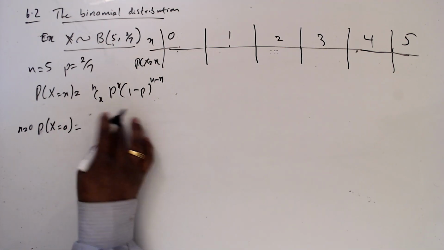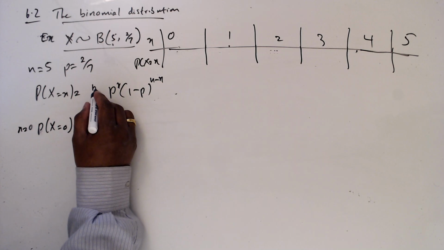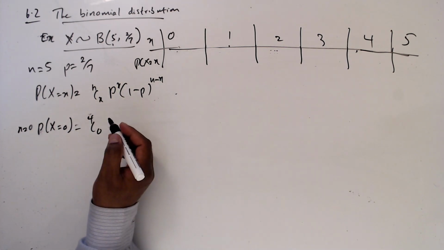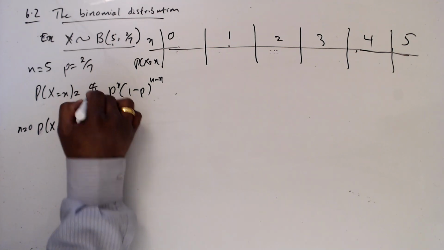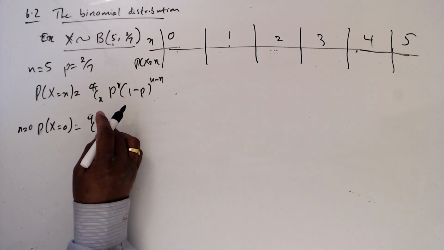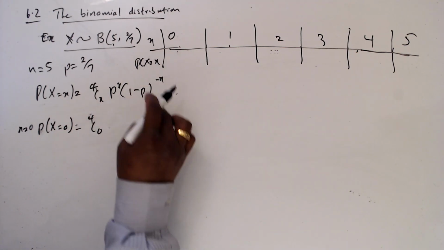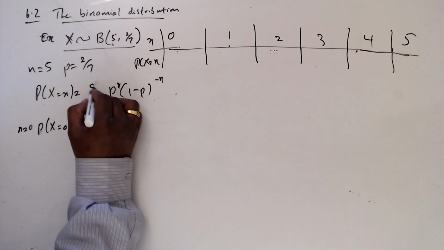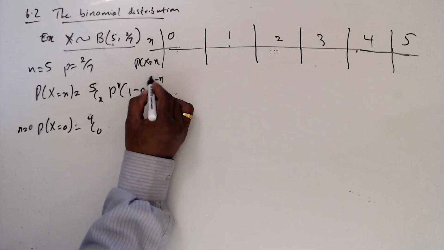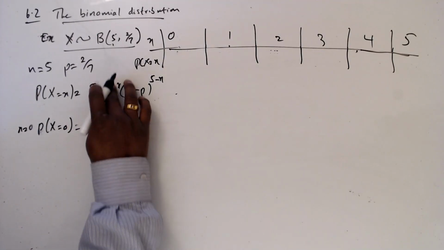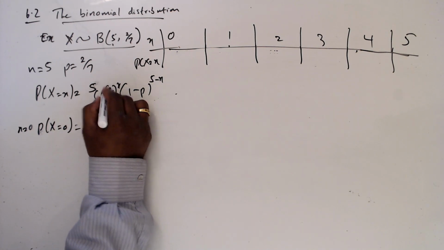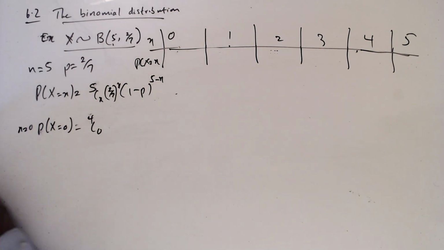So this is going to be 4C0. I will customize this one: n has to be 5, and p has to be 2 over 7, and 1 minus p.